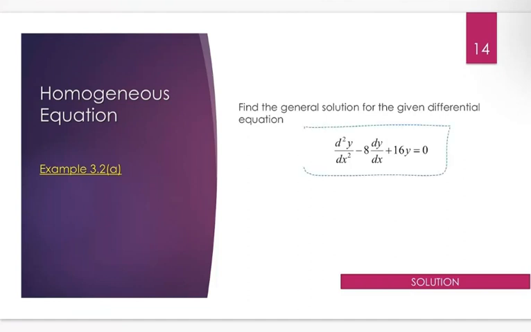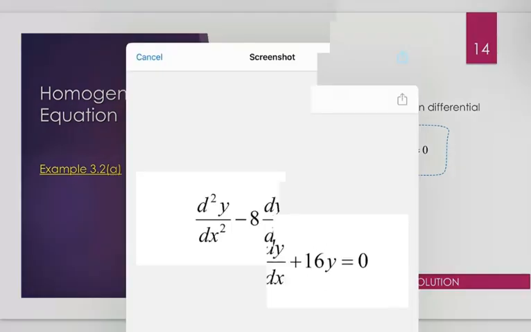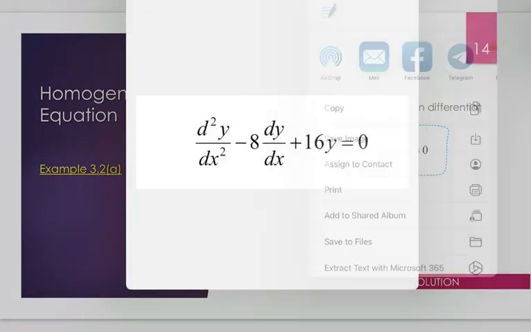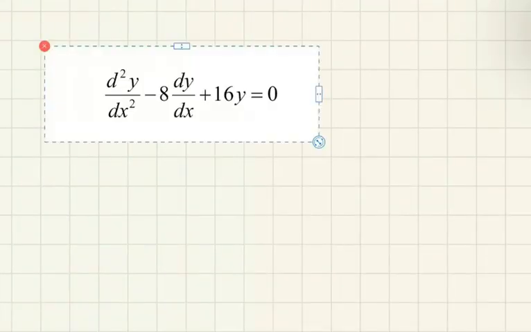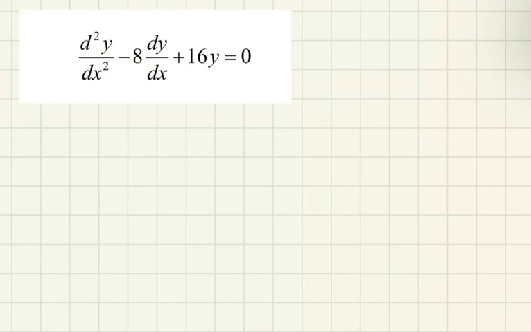So no initial values problem. No initial values problem means our solution will be in terms of the constants of integration a and b. Alright, first let's transform this one by using the characteristic equation.